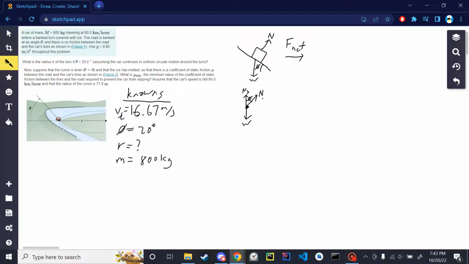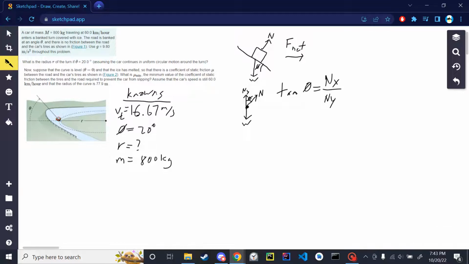So tangent of theta is equal to the opposite, so it'd be nx, over the adjacent. So yes, over the adjacent.